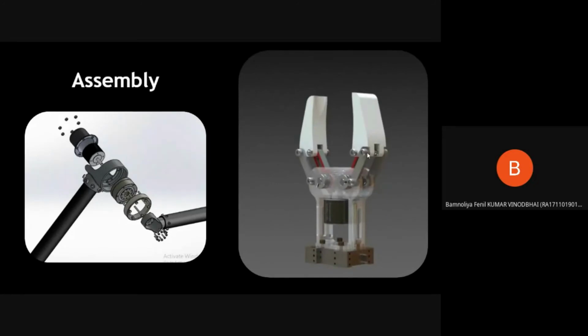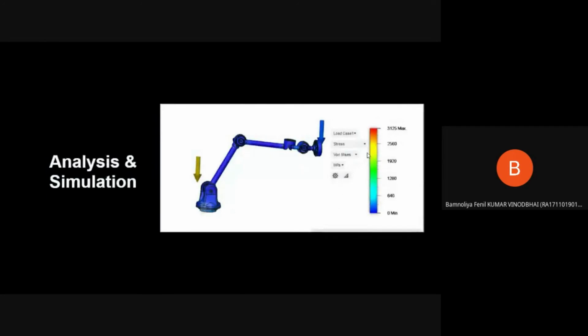So after assembling the part, we'll perform the analysis and simulations. We have already performed the analysis for the individual parts, and at the end of the assembly, we also have to make sure that there is no technical glitch or any structural instability. To make sure of that, you have to analyze and simulate the part again.